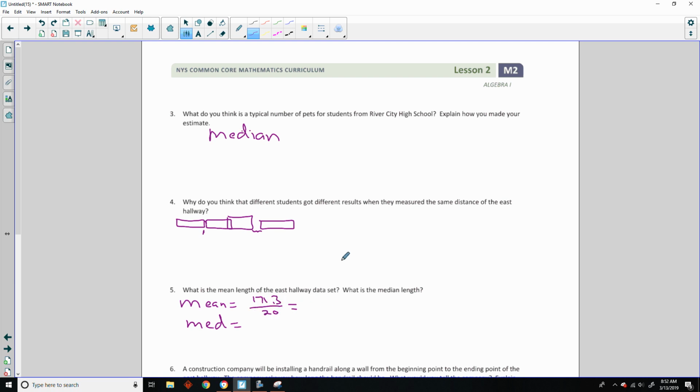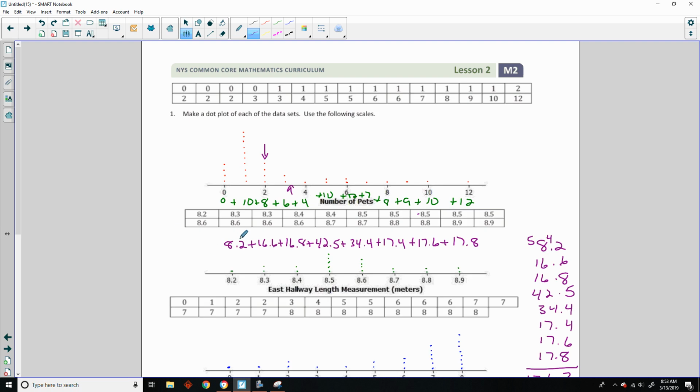Okay. Hey Siri, what's 171.3 divided by 20? 171.3 divided by 20 is 8.565. Okay, so our mean is 8.565, and now we want to look at our median.